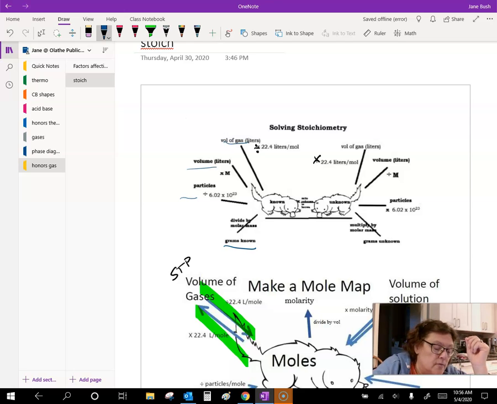Now we're going to talk volume of gases. We're going to put in divided by 22.4 liters per mole, or if it's not at STP, because remember this has to be STP, you simply use the ideal gas law to come up with moles. And the same going backwards.